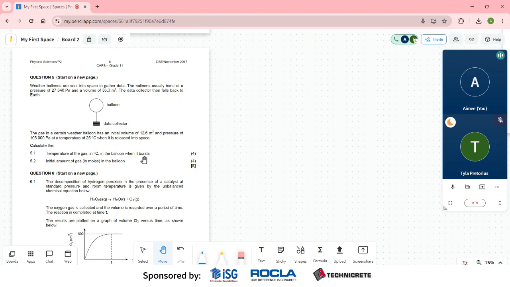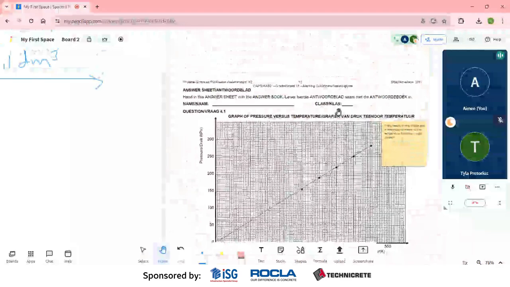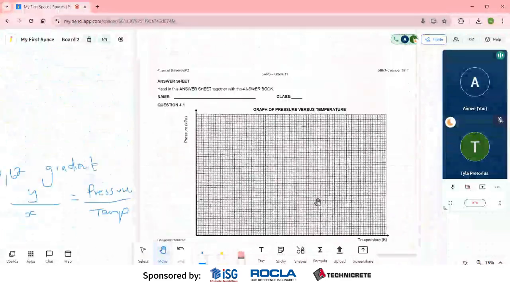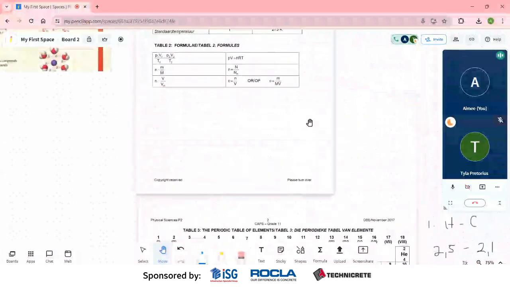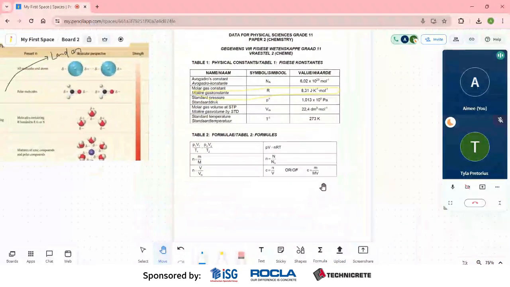Okay, cool. So 5.1, remember, if you're unsure about formulas, you have to go to your formula sheet. The grade 11 papers, especially for chemistry, do not have a huge range of formulas. There's way more in matric papers. But you can see we've only got two formulas.